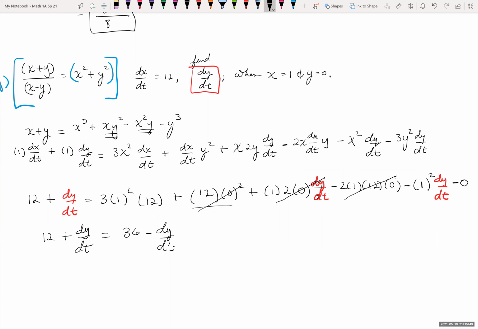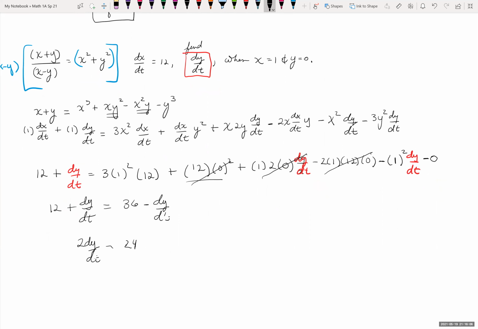So if I add dy dt on both sides and I subtract 12 on both sides, I get 2 dy dt is equal to 24. And so we divide both sides by 2, we get dy dt is equal to 12.